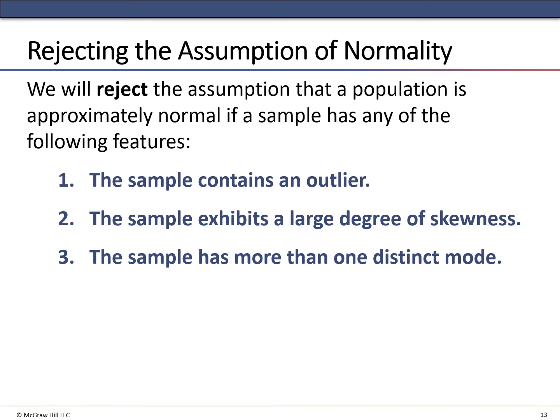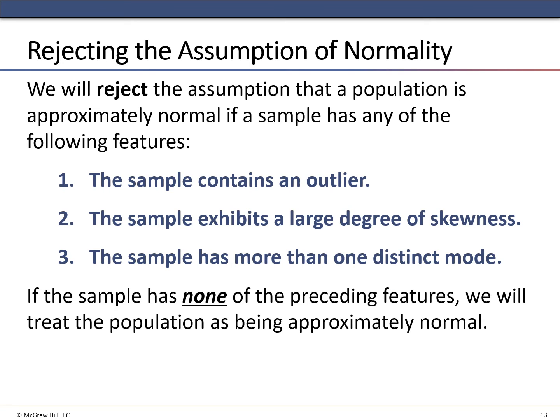And the sample has more than one distinct mode. Remember, a mode is like the top of a hill. In our normal curve, we have this bell-shaped curve, so there's only one hill. So what this is talking about is if there would be multiple hills, multiple modes. If the sample has none of these, we will treat the population as being approximately normal.